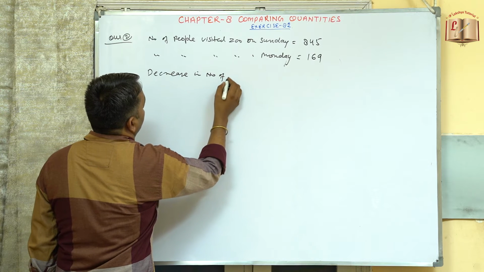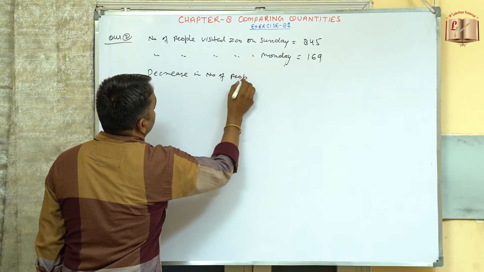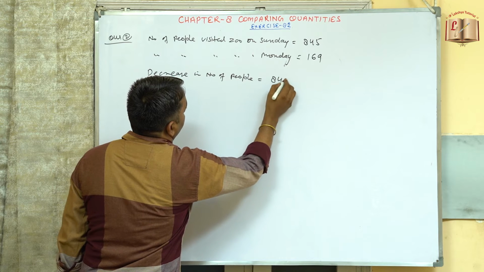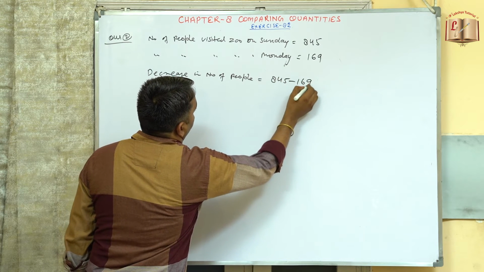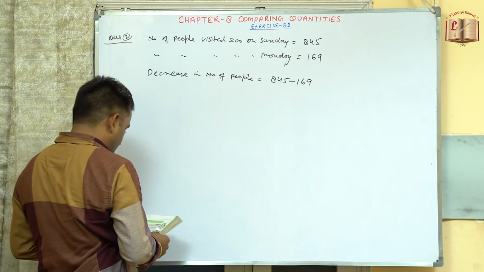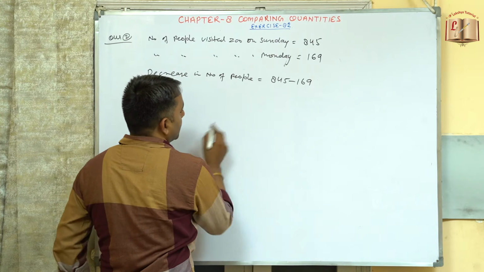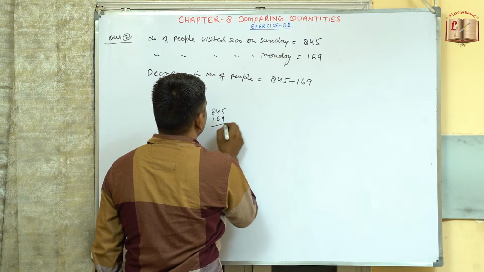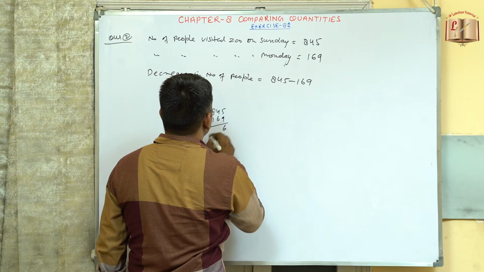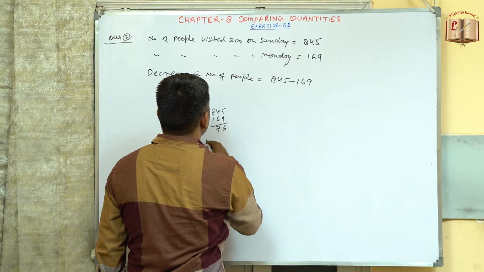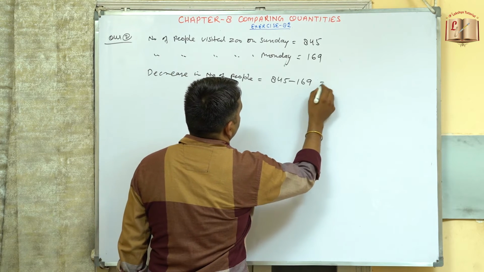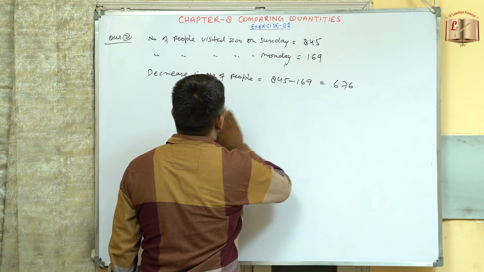So the decrease in number of people will be 845 minus 169. So this is now 676 persons.